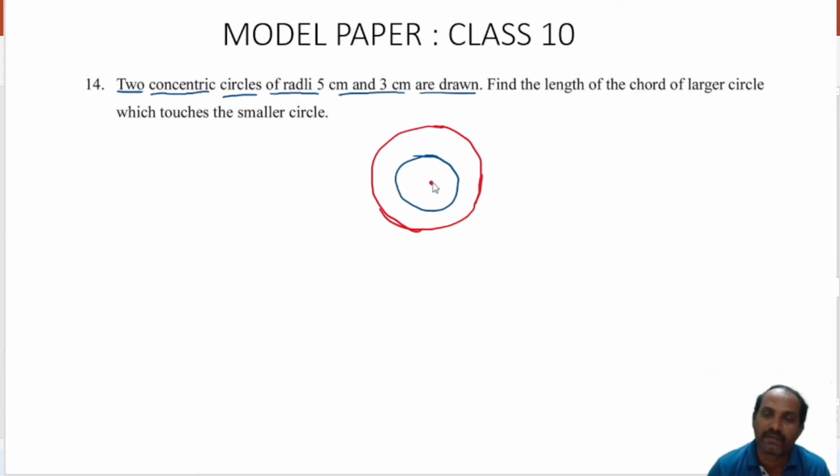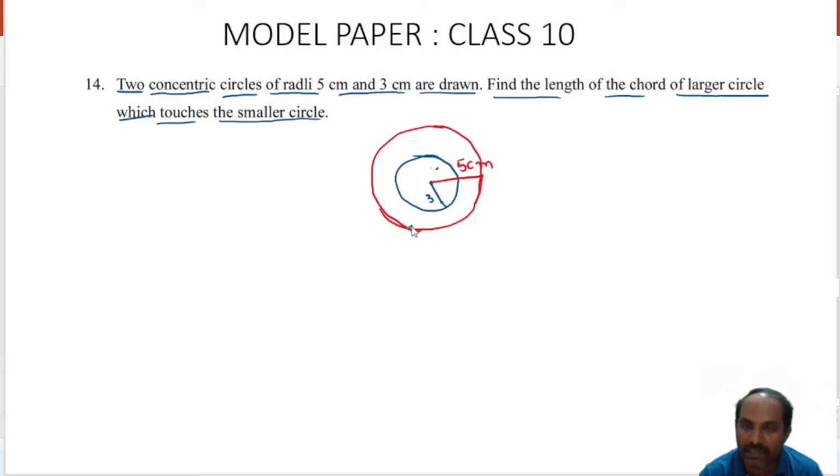Concentric means the same center: 2 circles having the same center. This big one is 5 centimeters and the small circle has radius 3. Now find the length of the chord of the larger circle which touches the smaller circle.